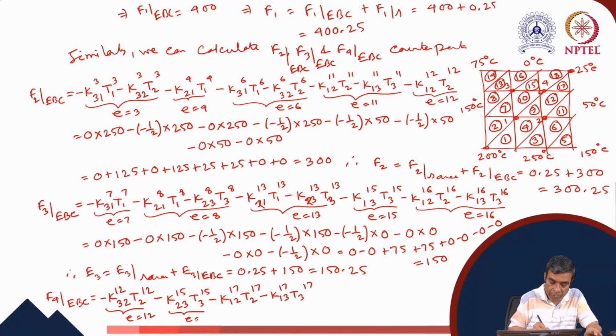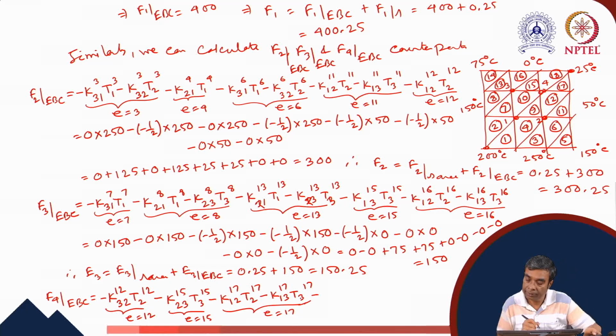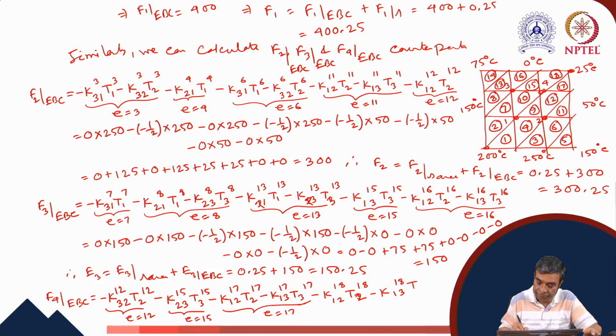This is for E equals to 15, for E equals to 17, minus K 1 to 18, T3 18 T2 18 minus K 13 18 T3 18. This is for E equals to 18.